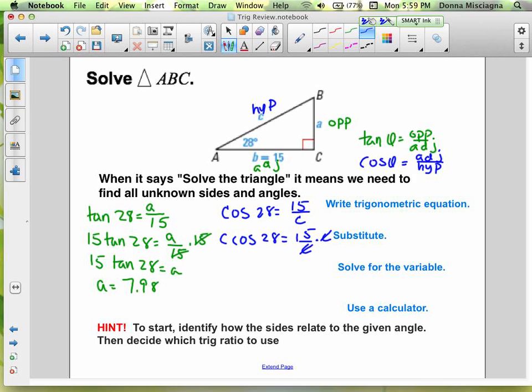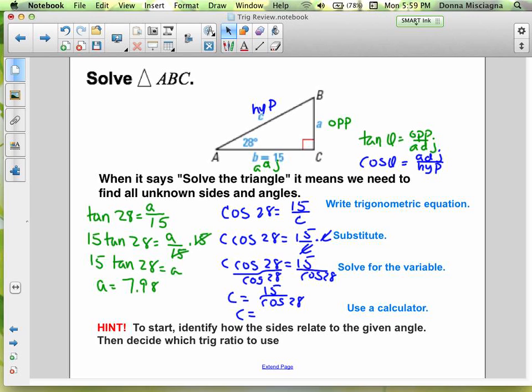Those cancel, so we have c cosine 28 equals 15. Now we still haven't isolated our variable. We have to divide both sides by cosine 28. So now we have c equals 15 divided by cosine 28. And now we can plug this into a calculator and find out what that value is.